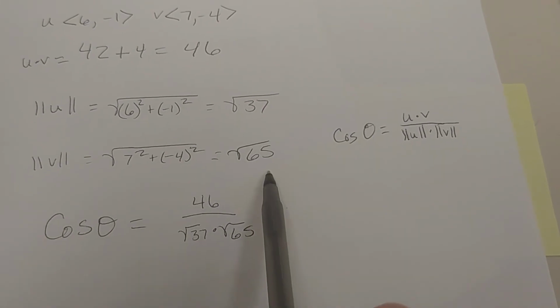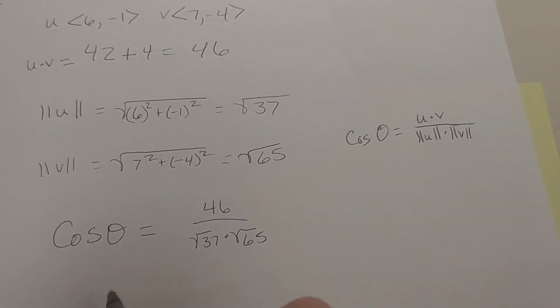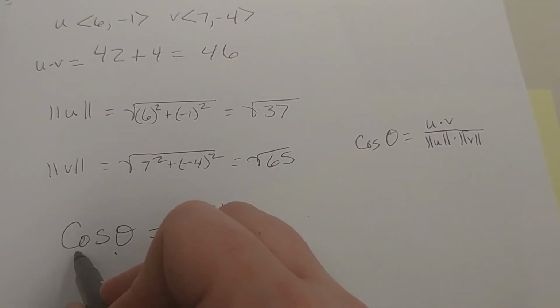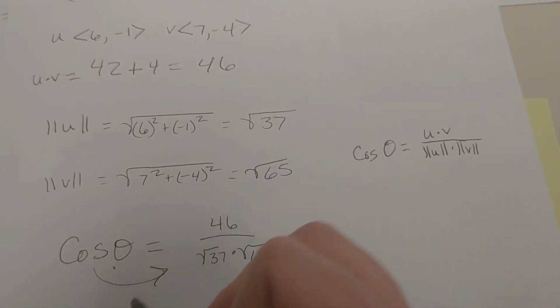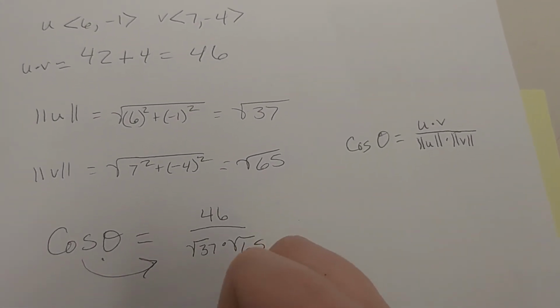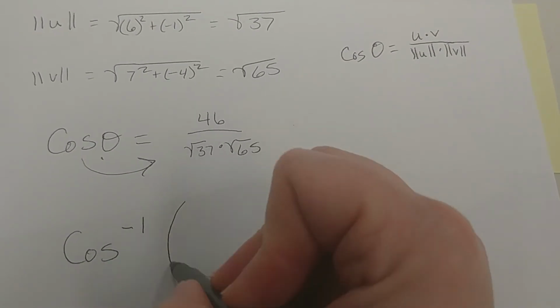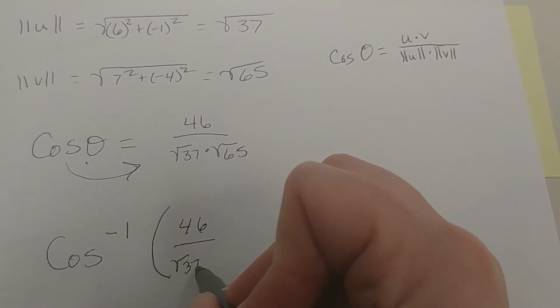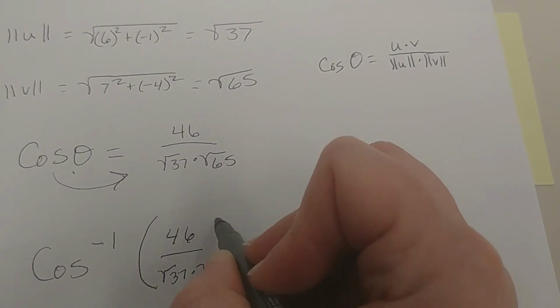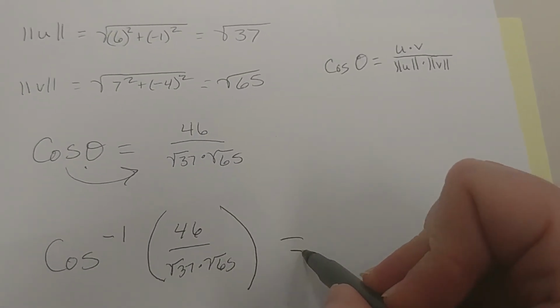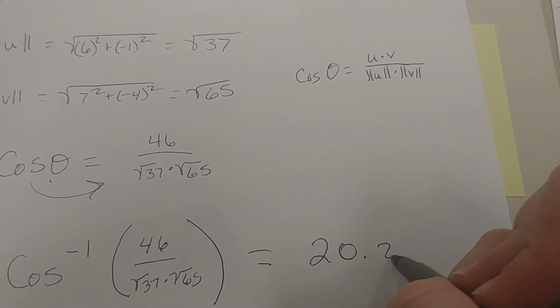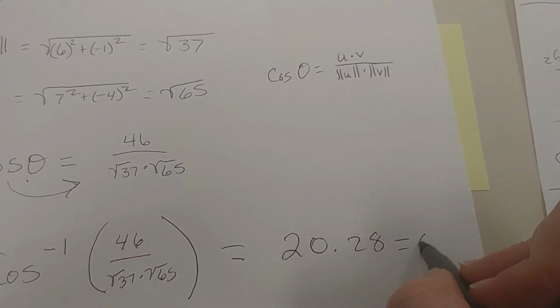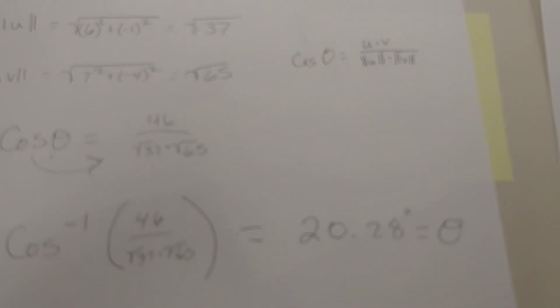Those are my 2 magnitudes. In the calculator, I need to get the angle alone, which means I need to move the cosine over. So that's what I do. Cosine negative 1 of my 46 divided by the square root of 37 times square root of 65. And when I put that in the calculator, that gives me an answer of 20.28, and that is what my angle measure is.